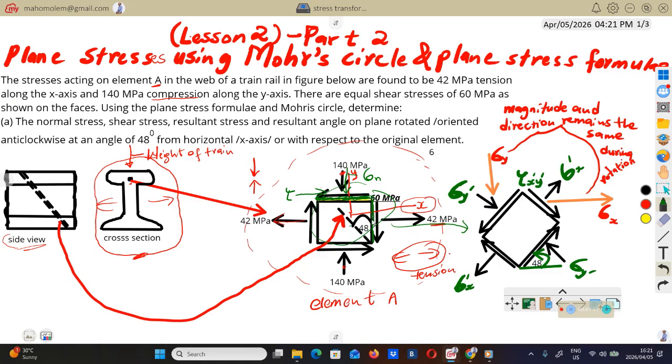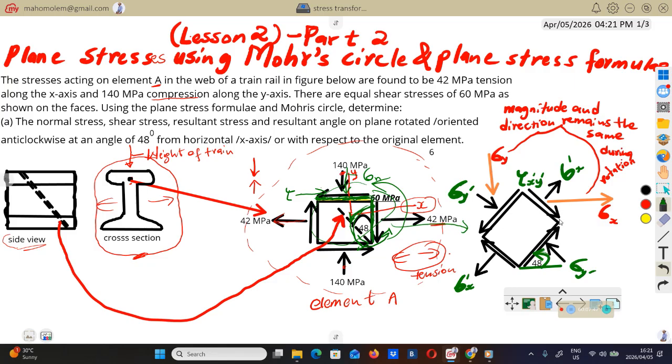Make sure you measure your angle from the vertical line. Going from this vertical line to the PP line, you are moving in this direction, which is anti-clockwise. So we're going to rotate this element anti-clockwise by 48 degrees. That's what we're going to see now.